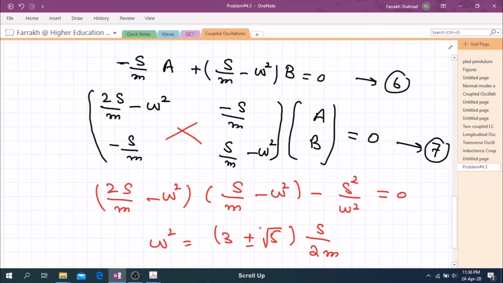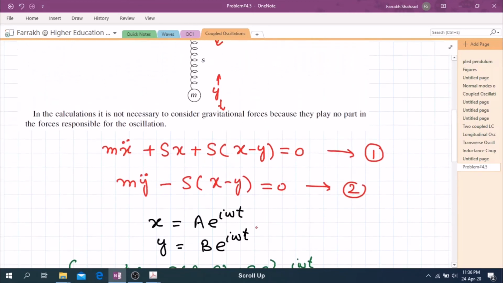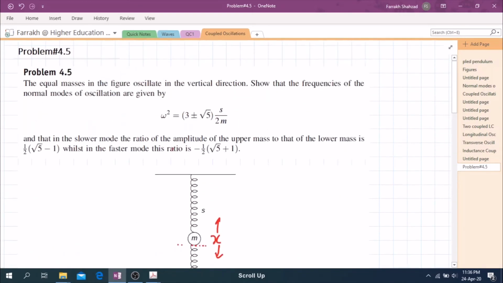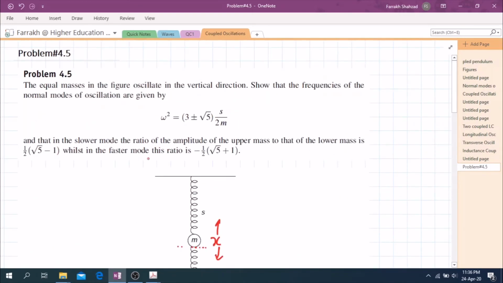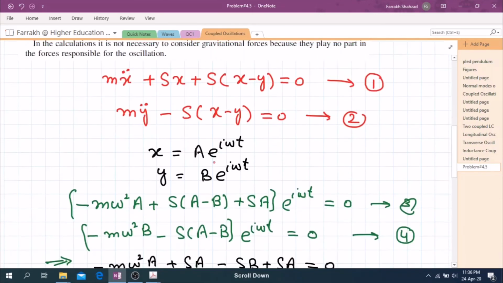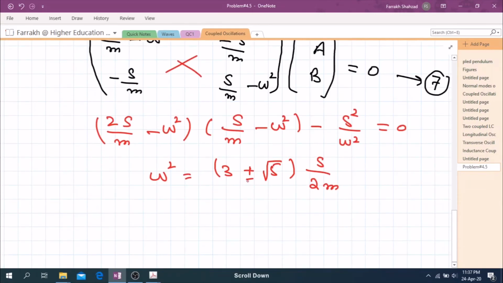In the second part we have to find the ratios of the amplitudes, so we need to find the amplitudes A and B and then their ratios. There would be two modes: the faster mode and the slower mode. The frequency of the faster mode would be (3 plus √5) S / 2m, and the slower mode would be (3 minus √5) S / 2m.